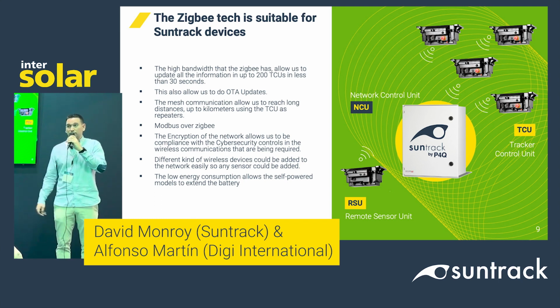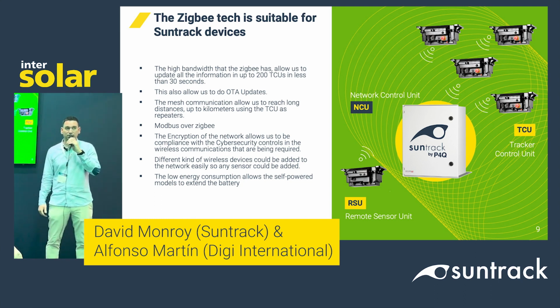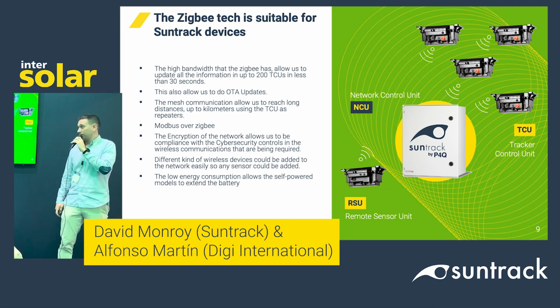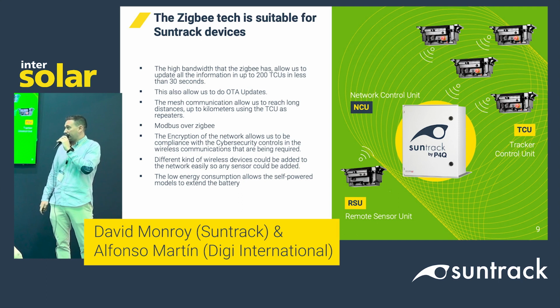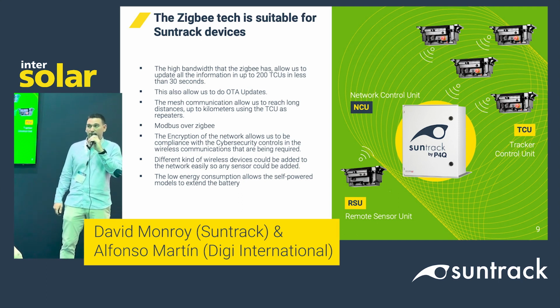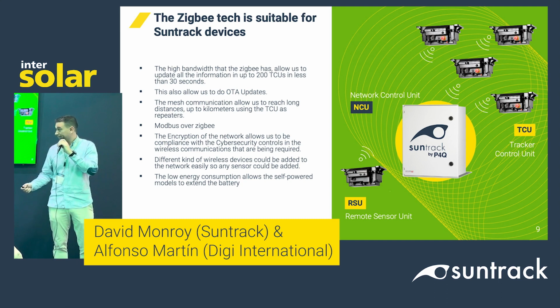In this case, we have been talking just about TCUs, but other kinds of devices such as sensors can be added to the network in order to read information from them. And the low energy allows us to save our batteries and to track for more time.